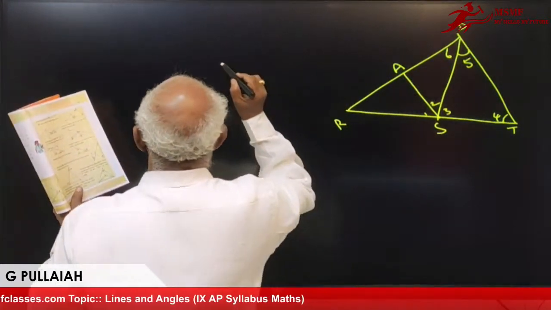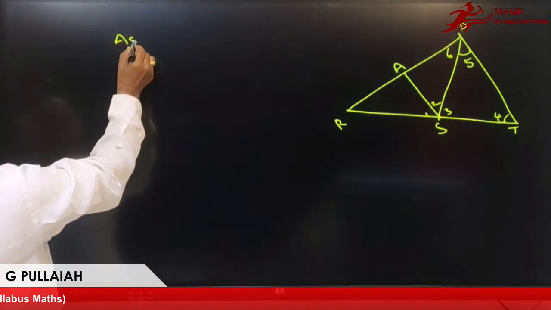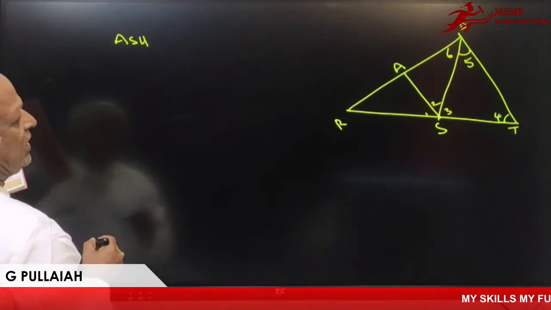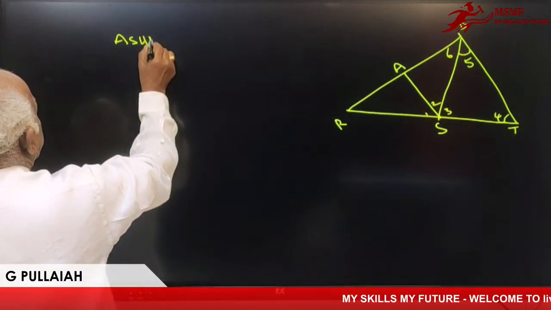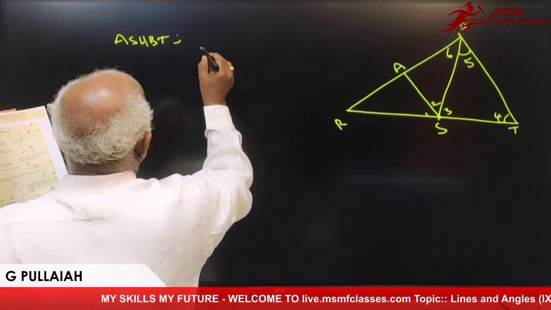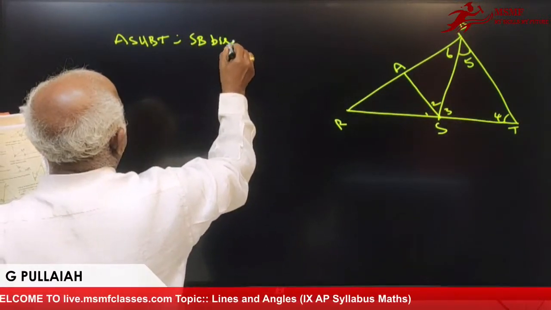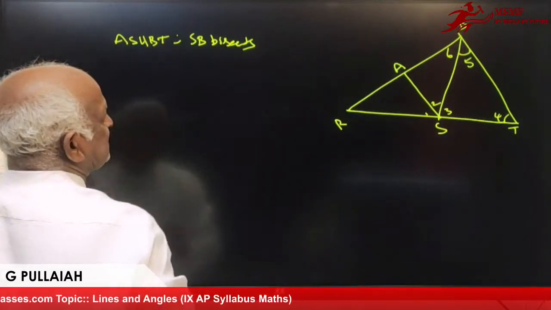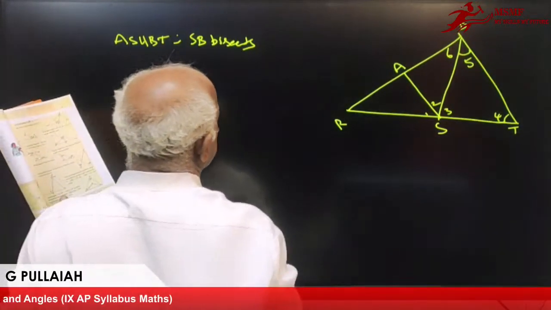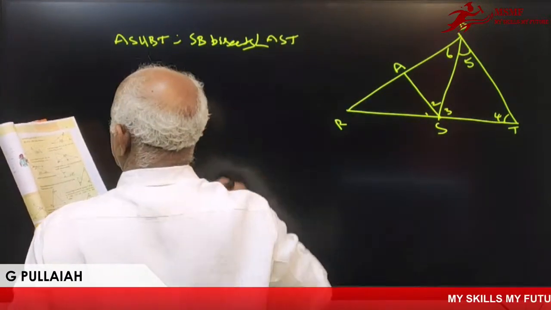So here, AS is parallel to BT. And also here, SB bisects angle AST.